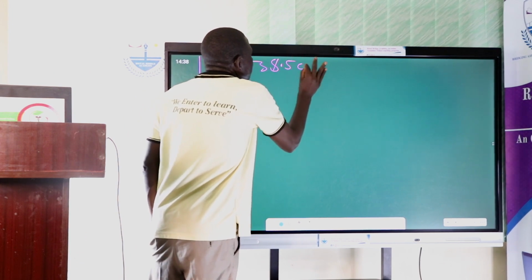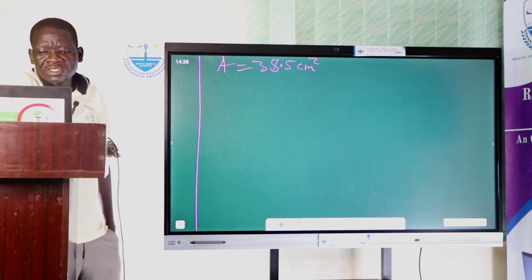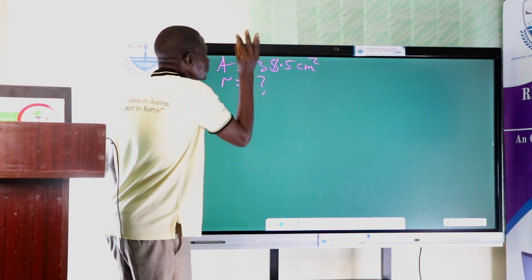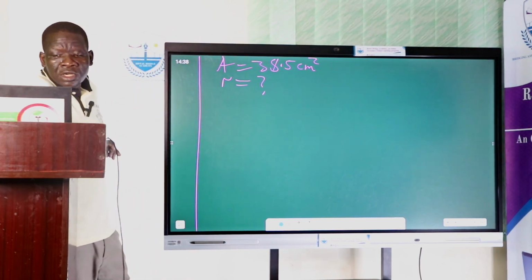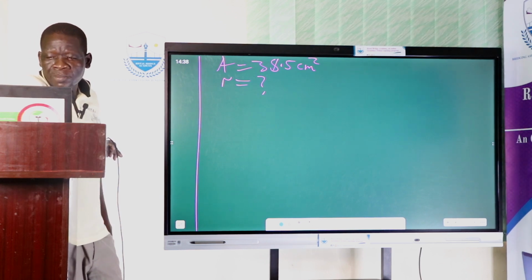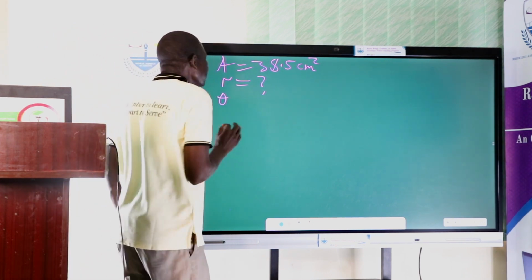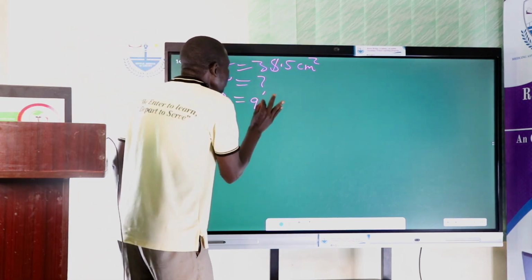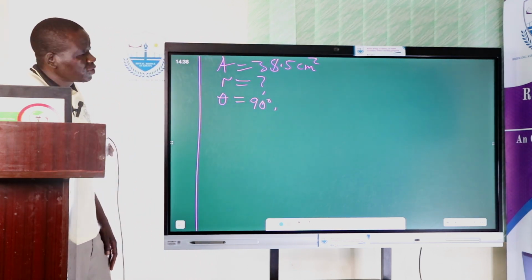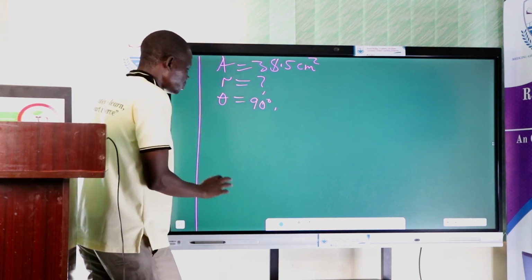Find the radius of the circle, which is represented by r, we don't know. The angle, represented by theta, is equal to 90 degrees. How do we calculate the radius? Still, the formula is the same.